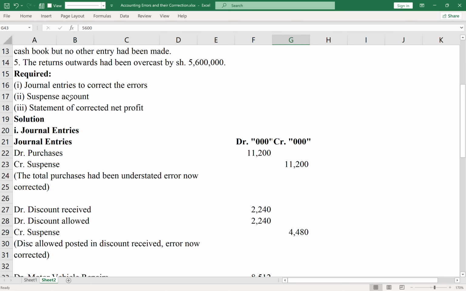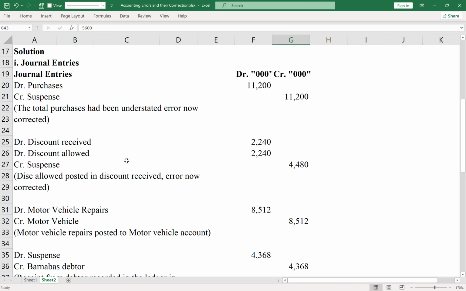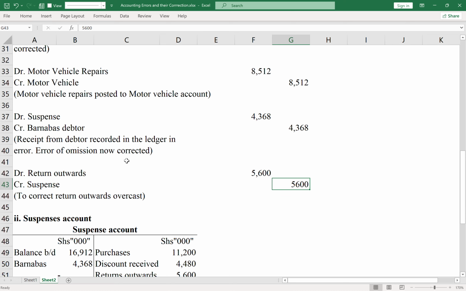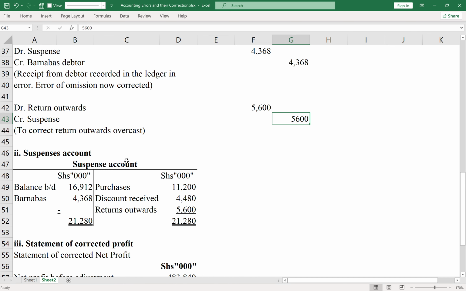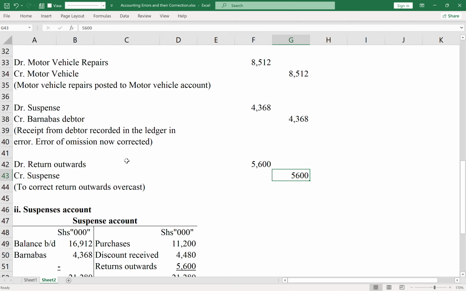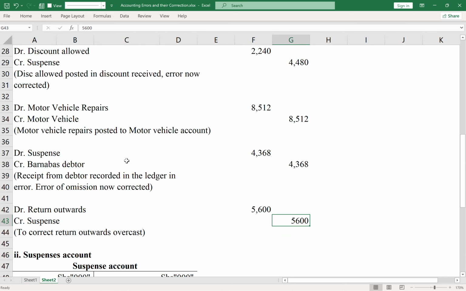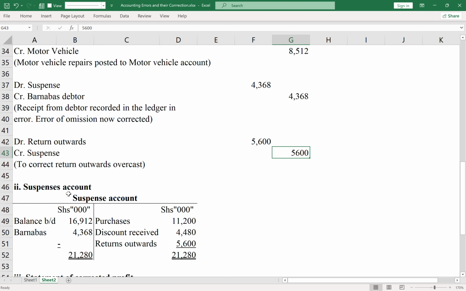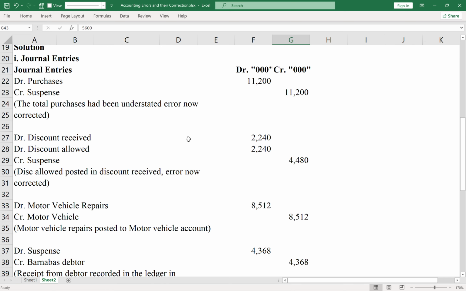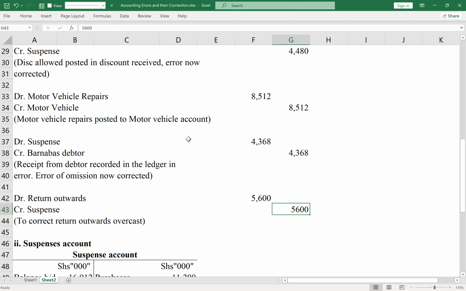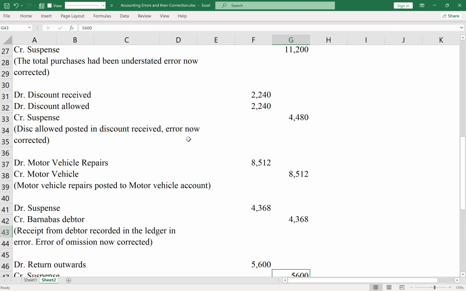So these are the entries that you are supposed to do, the journal entries. So you have now to create a suspense account of all these. If you have taken some notes, let's create a suspense account. Before that, we have to look at the accounts that we have put here. So we can start with the first.